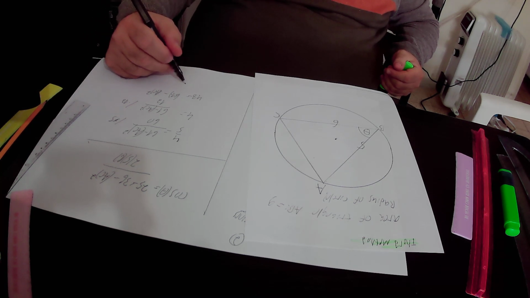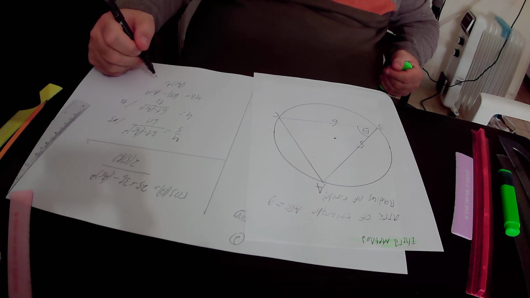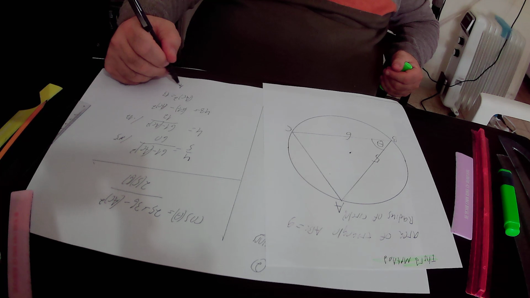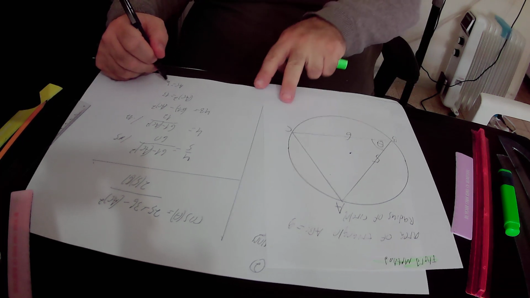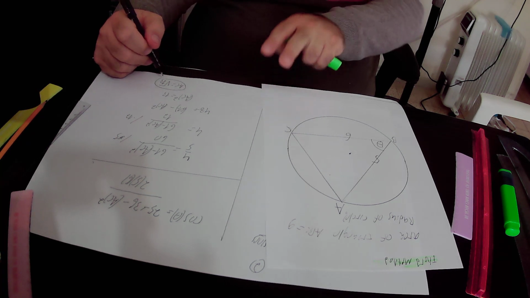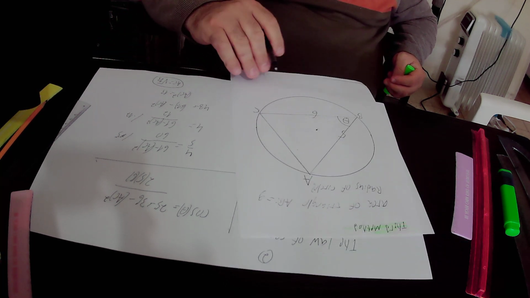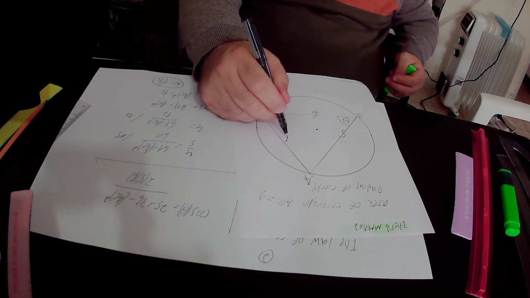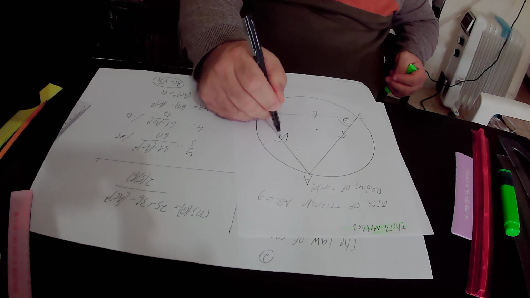So AC squared equals 61 minus 48, which is 13. So AC equals the square root of 13 units.